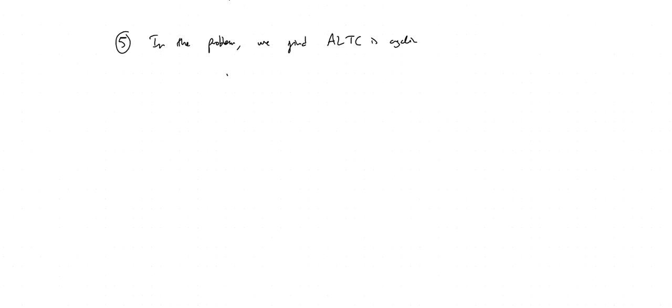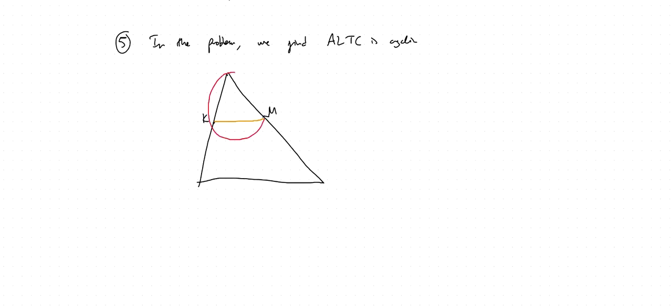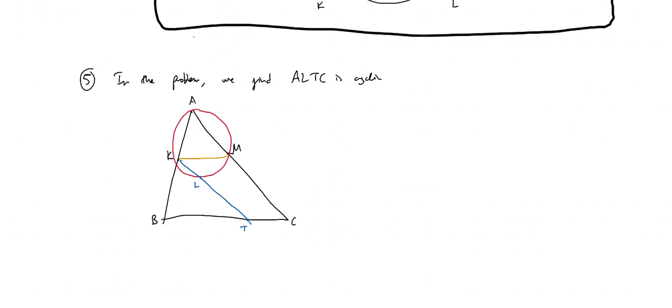How? So there is this red circle, and basically this arbitrary blue line intersecting at L and T. Because this angle equals this, and it's equal to this.